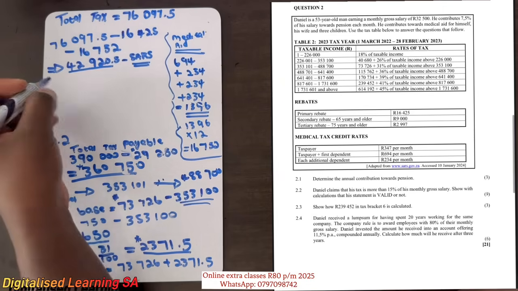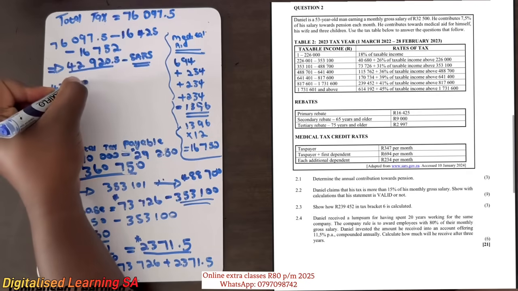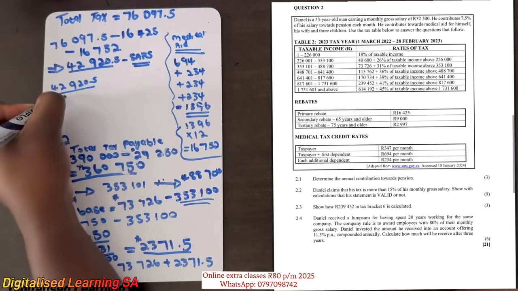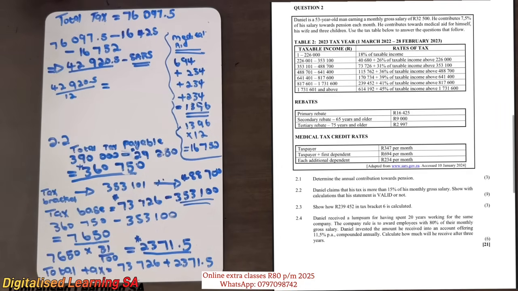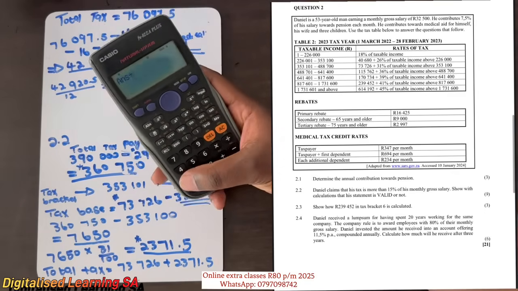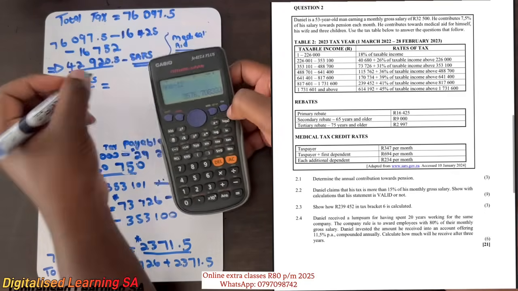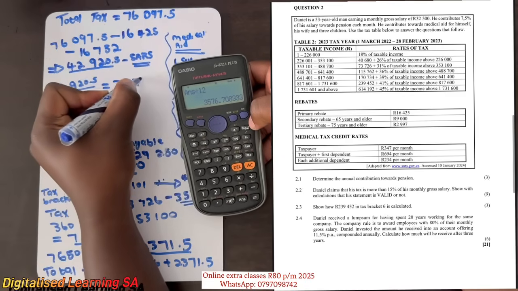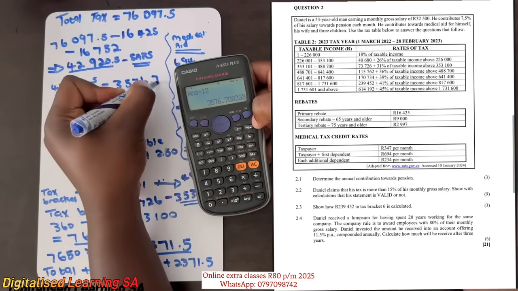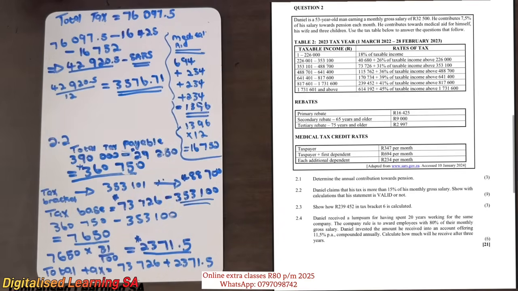To do that, we take the 42,920.5 and divide by 12, and we can see that he is paying 3,576.71. So this is how much he is paying to SARS per month.